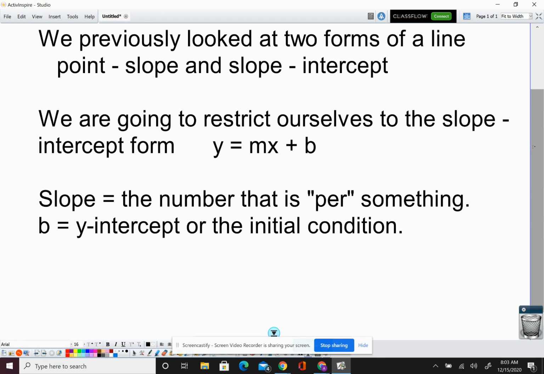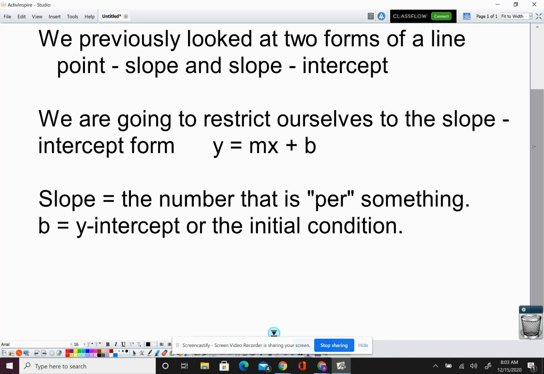We had a problem a couple days ago in the assignment where they were talking about a girl adding $15 a day to her savings account, and they wanted to know how long it would take her to save a certain amount of money. What they didn't tell you is that she had started out with $5 in it. So the $15 per week was the slope, but the $5 was her initial condition.